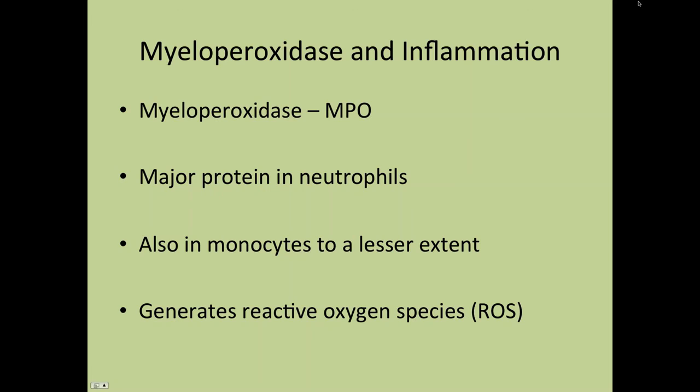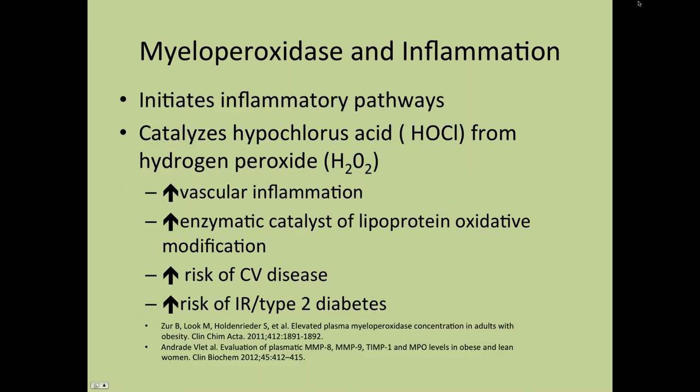So monocytes, MPO, neutrophils, percent MEBs, VEGF, all really powerful markers for global inflammation, not just endothelial inflammation, but global inflammation. And if you look at elevated myeloperoxidase, it increases vascular inflammation.